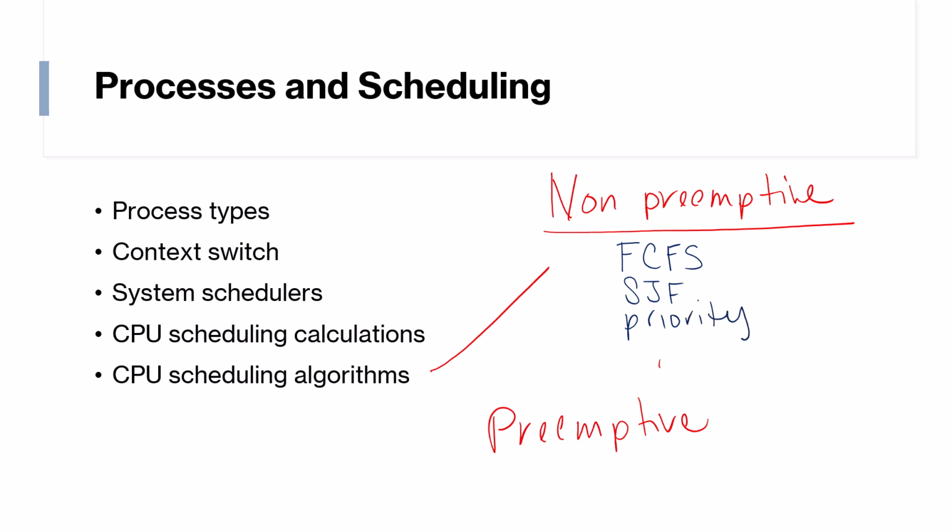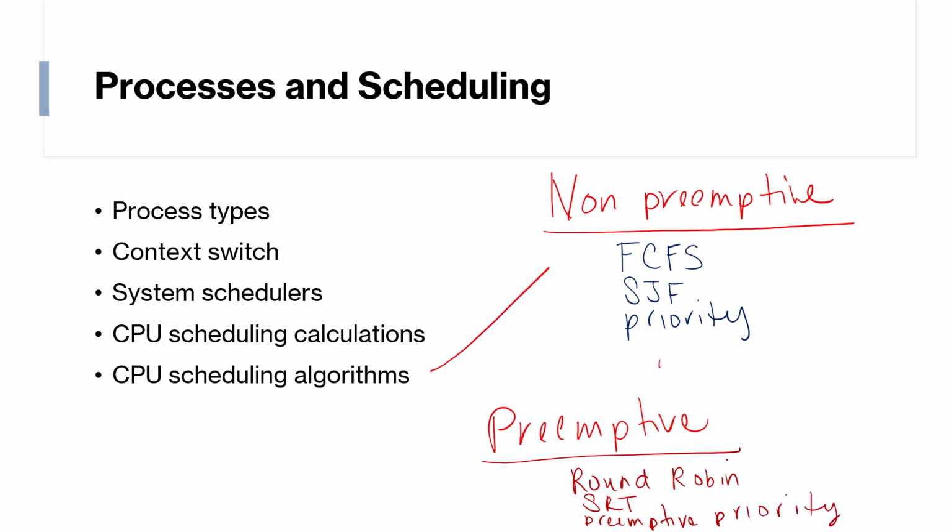Then we're going to go over some preemptive algorithms. Some preemptive algorithms include round robin, shortest remaining time, and preemptive priority. So these are the first algorithms we're going to study and do some exercises with.